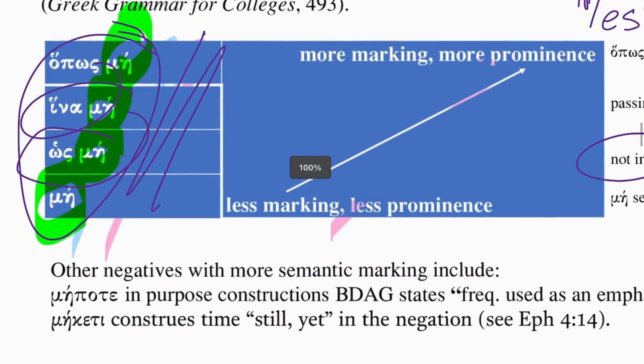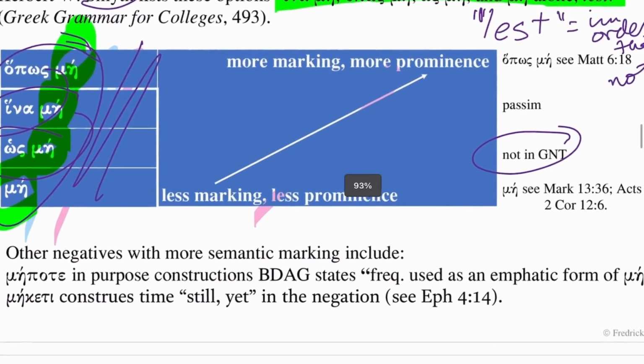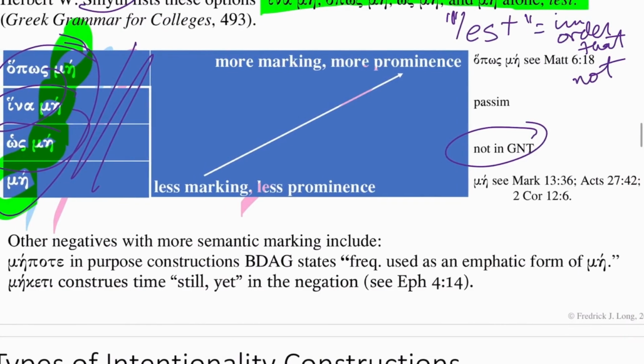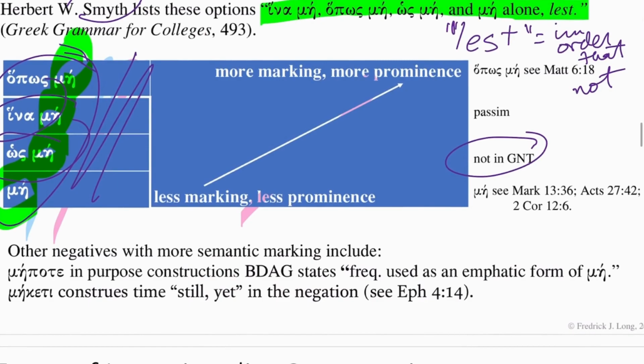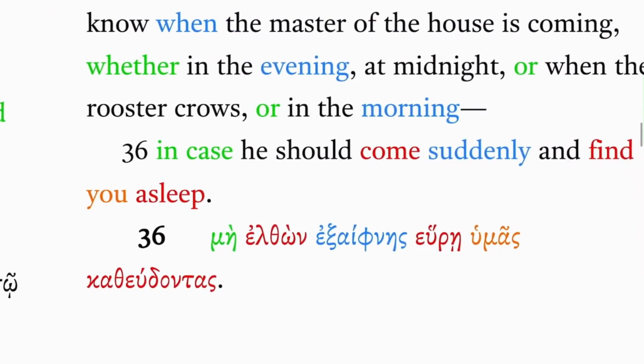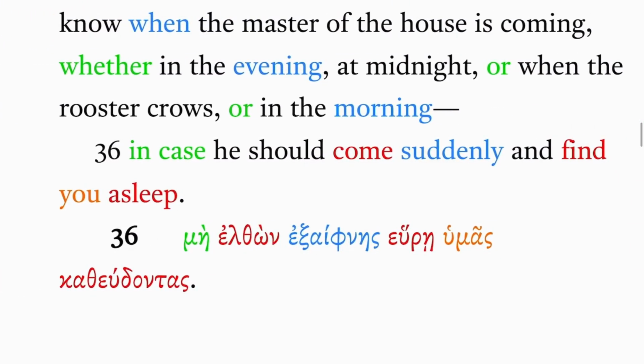So then you can also have, to finish out this episode, just talking about purpose clauses with mē, with negation, with purpose clauses, is that you can also just have simply the word mē. Mē itself can be a negative purpose. So the conjunction or the negative adverb mē by itself can indicate purpose.